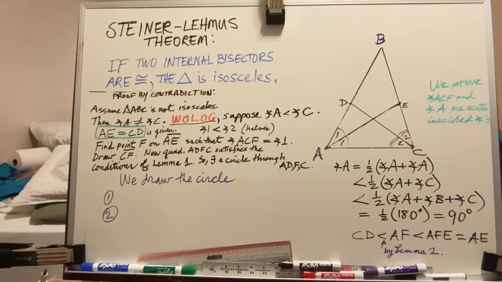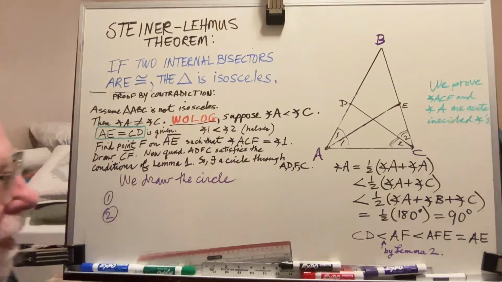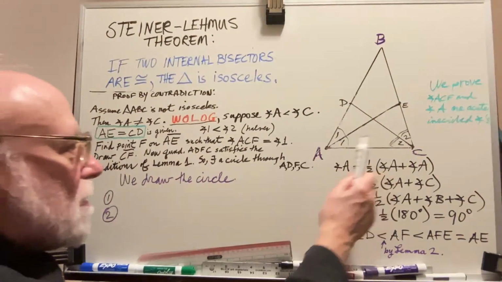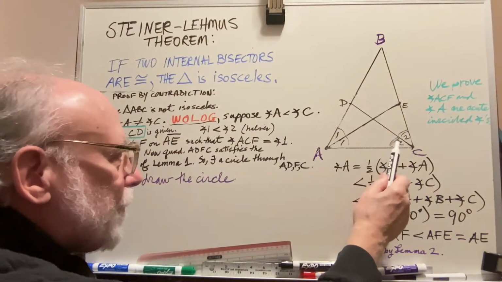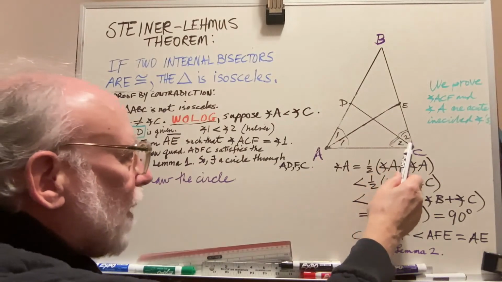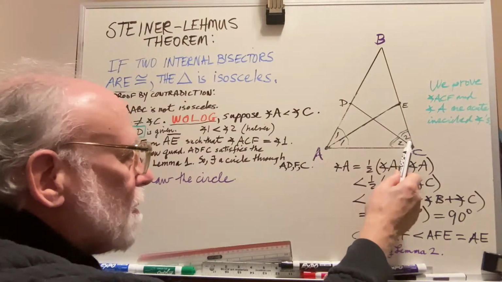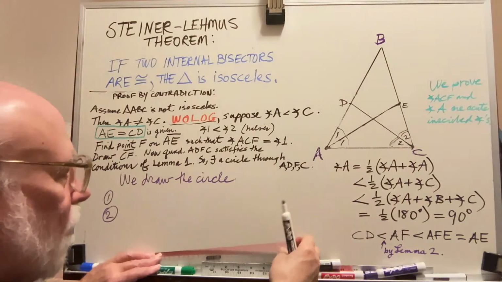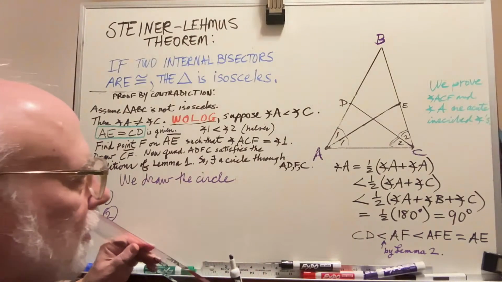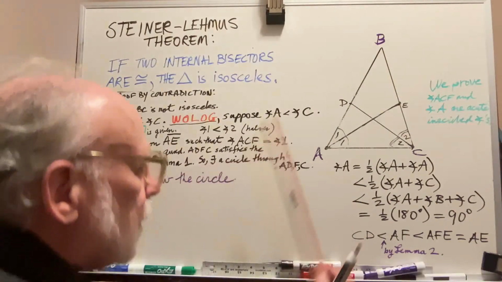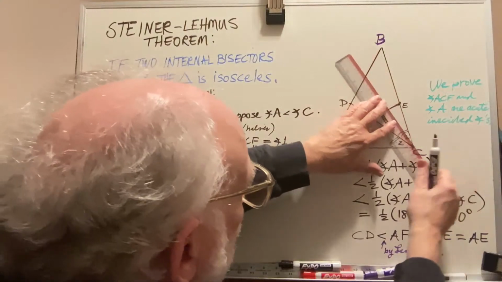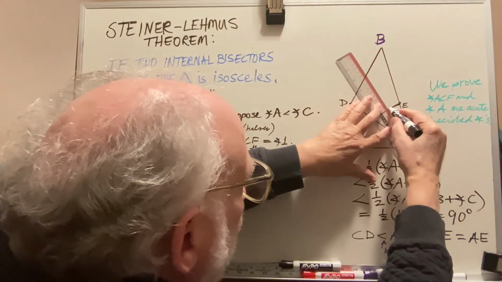And now we want to find point F on bisector AE. Remember, 1 is less than 2 there. Angle 1 is less than angle 2. Since angle 1 is less than angle 2, we can make a copy of angle 1 inside, in the interior of angle DCE. All right? So we find F here.